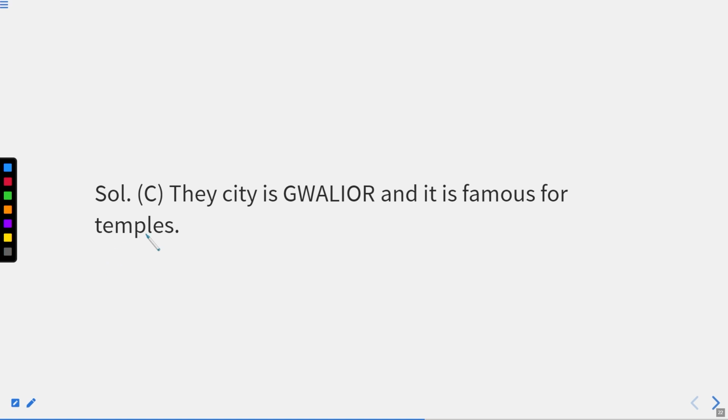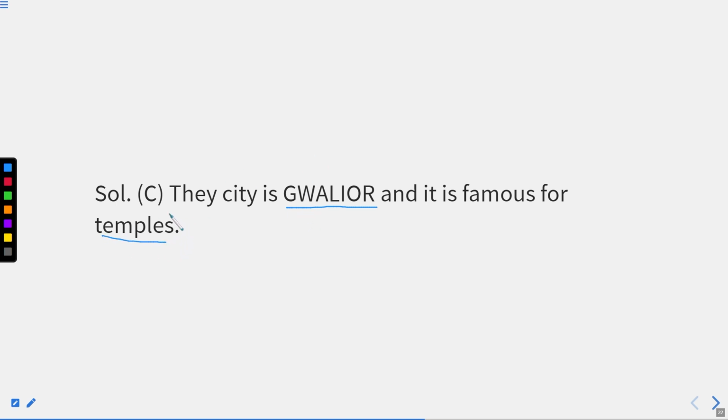So this is how this question is. First, we need to rearrange the jumbled letters to form the name of the city. As soon as you are able to find the name of the city, you are supposed to tell that particular city is famous for which of the following things, right? So we know that Gwalior is famous for the temples.